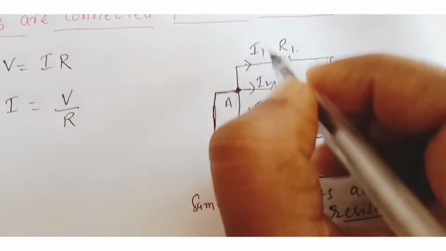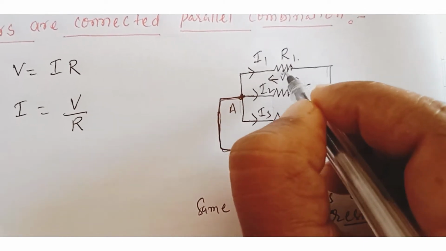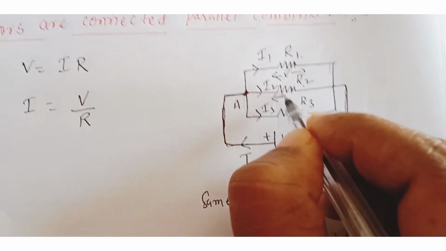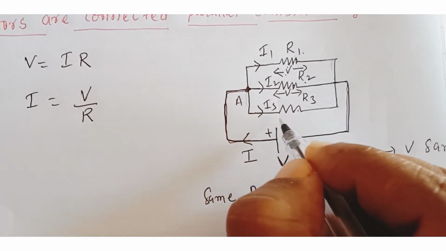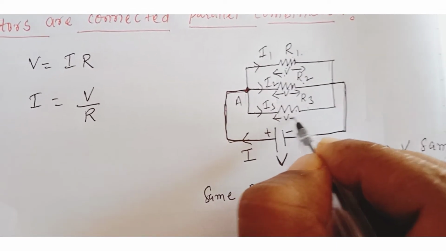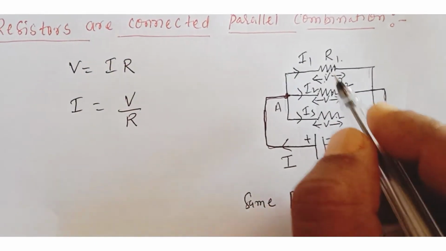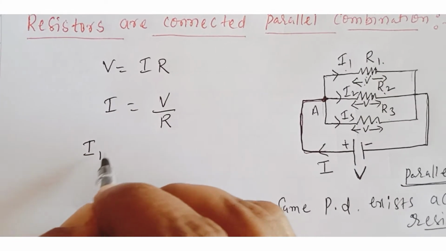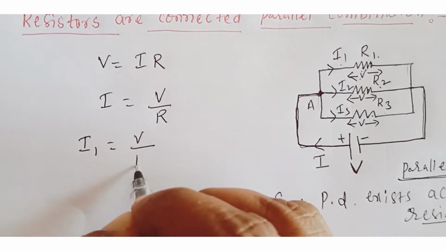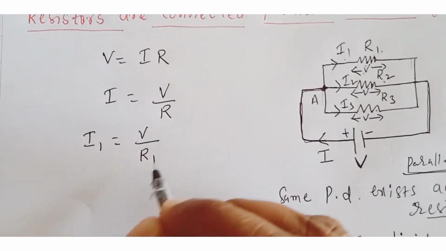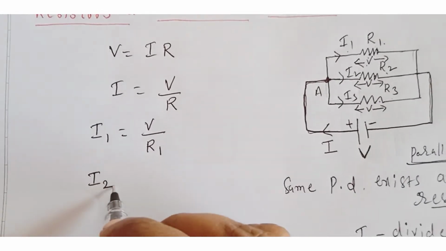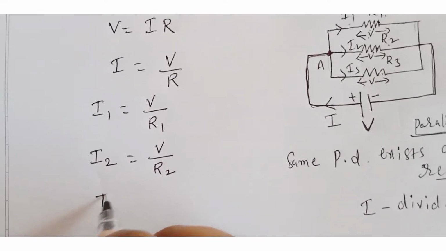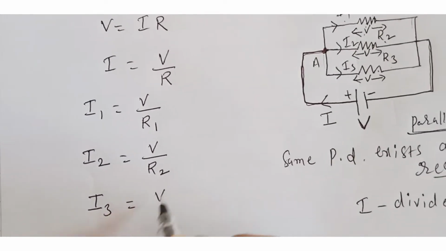Now, the potential difference across each resistor is the same. Across the R1 resistance is V, across the R2 resistor is V, across the R3 resistor also V. Now we write the current through the first resistance: I1 equal to V by R1, because V is constant, and the second current I2 equal to V by R2, and I3 equal to V by R3.